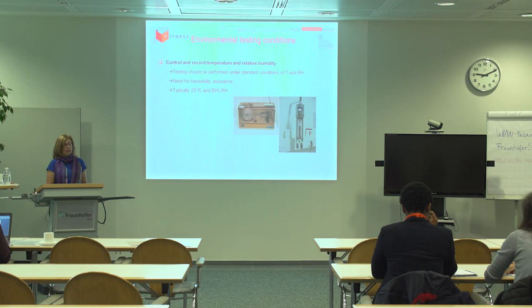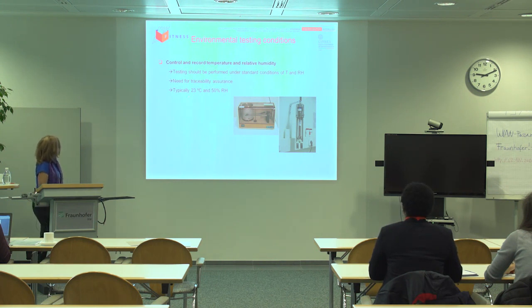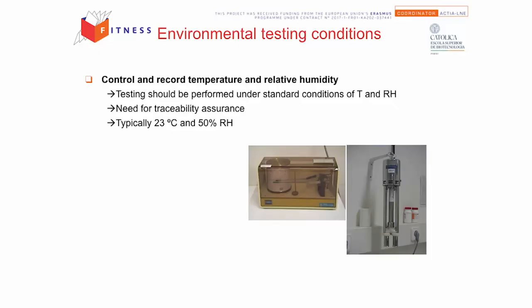So a laboratory for testing plastics needs to have the environmental conditions of temperature and relative humidity controlled. And the typical conditions used here in Europe as standard conditions are 23 degrees C and 50% relative humidity, okay?